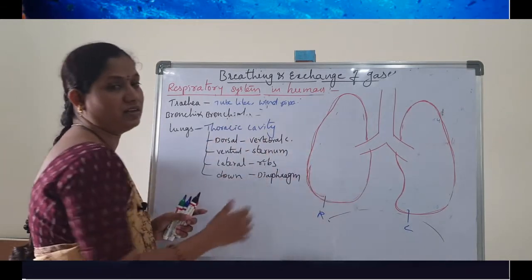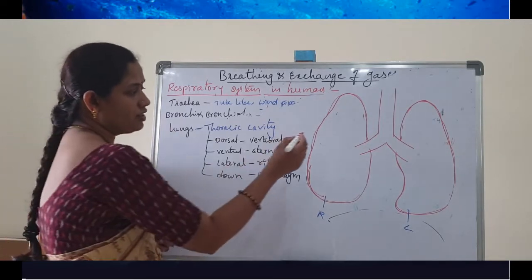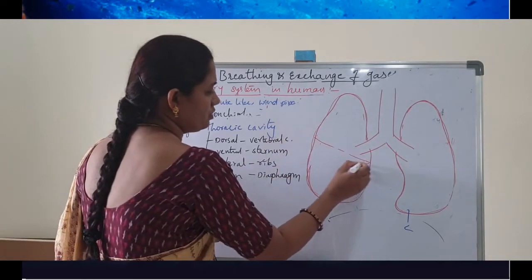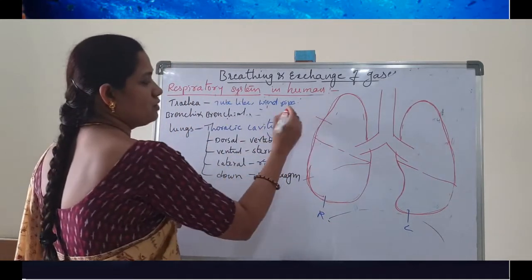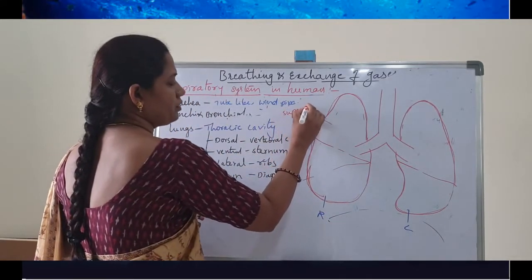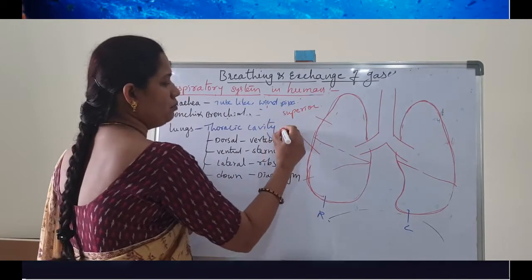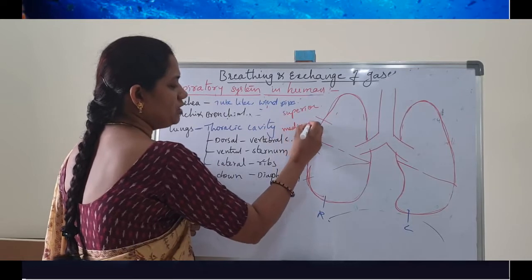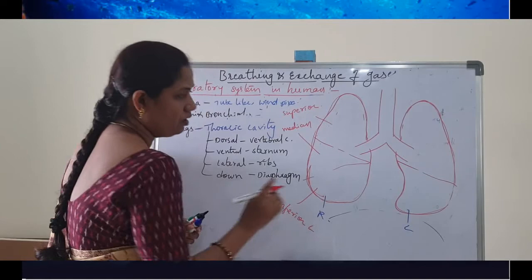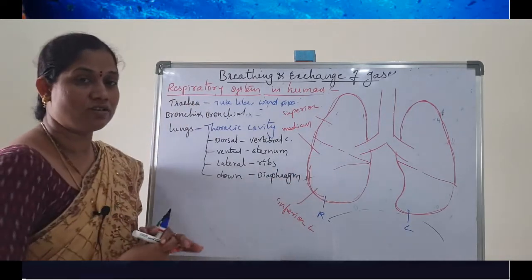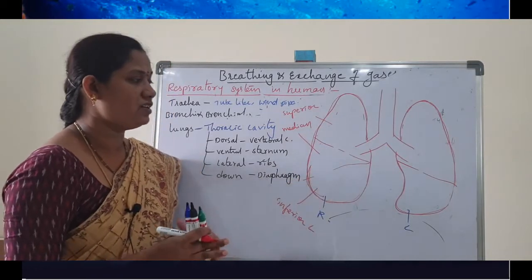One pair of lungs is present, the right lung and the left lung. The right lung divides into 3 lobes, while the left lung divides into only 2 lobes. The right lung has the superior lobe, median lobe and inferior lobe.